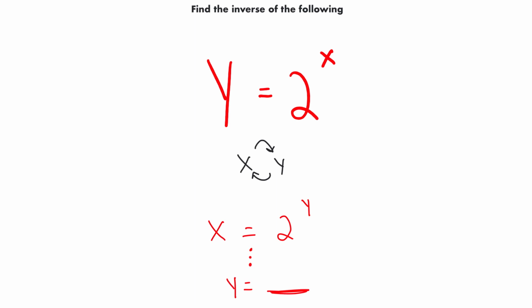There's your issue. You don't know how to isolate the y. If the y is an exponent, you all do not have the tools to get it out of an exponent. That's what logarithms are designed to do. Logarithms are one of the last gaps in your mathematical operations that you're going to be filling in.